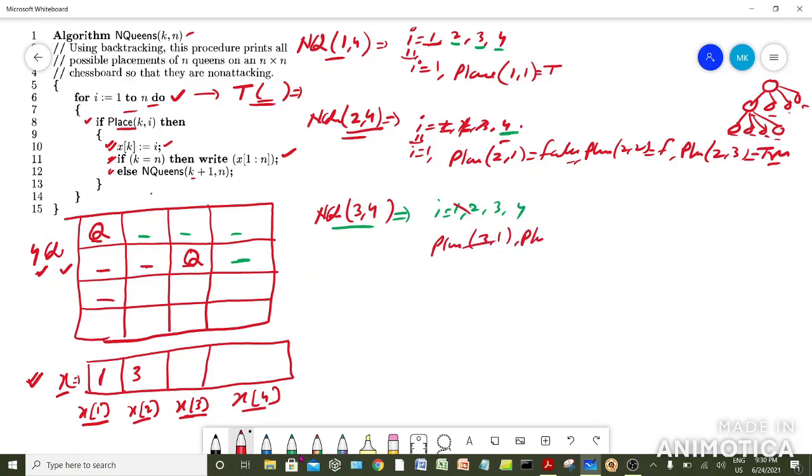Then it will try to place it in the second column, again we cannot place because it is going to return false, so i equal to 2 is exhausted. Then we will try to place the third queen at the third column, again it will return false. So then we are going to place it in the fourth column, so we'll call place 3 and 4, it again is going to result as false.